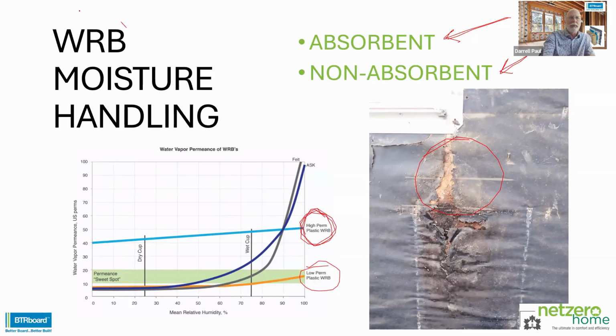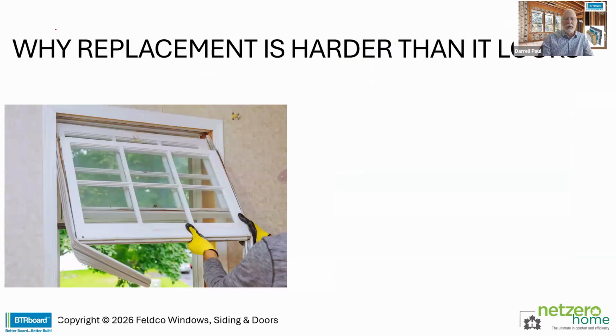This WRB is part of your second plane of protection. How does that perform long term so that the water that gets through it can still have somewhere to go safely and doesn't build up and accumulate? So there's nothing wrong with moisture getting through a material. It's just how much moisture, and can you get rid of it quickly enough? So that's another aspect to putting a second plane of protection in.